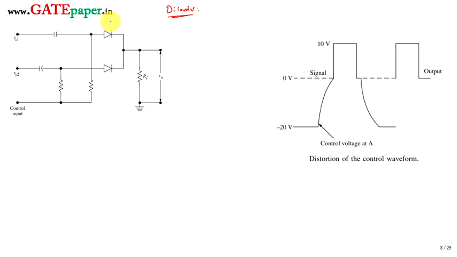First disadvantage: there is always an interaction between the input signal source and the control voltage source, because the control voltage source and the input signals are applied at the same point. So there is always an interaction between the control signal and the source signal.